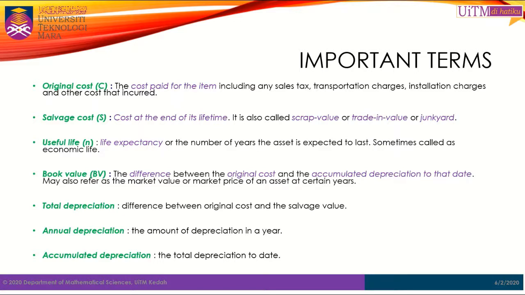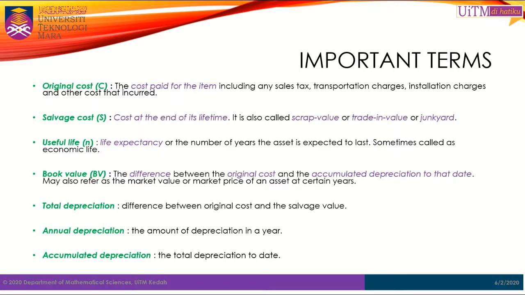The first one is what we call original cost. So this is the cost paid for the item, including any sales tax, transportation charges, installation charges, and other costs incurred. So basically, when we talk about original cost, it is the amount that you have to pay in order to get the asset. And then we have the salvage cost, or sometimes we also call it the scrap value or the residual value.